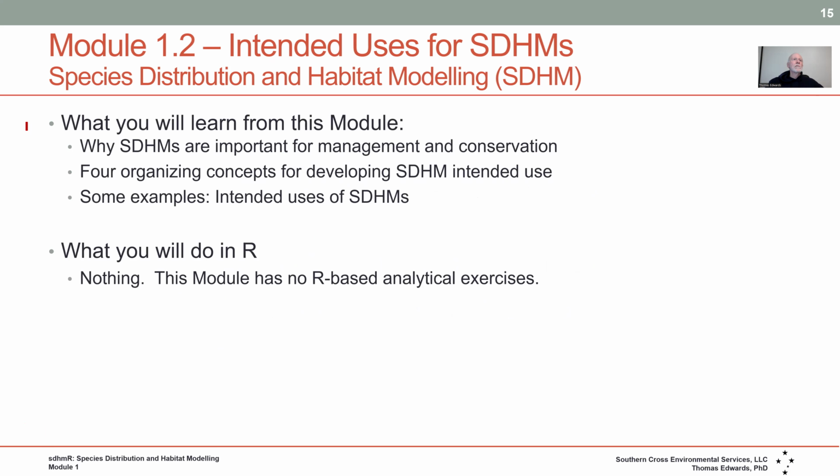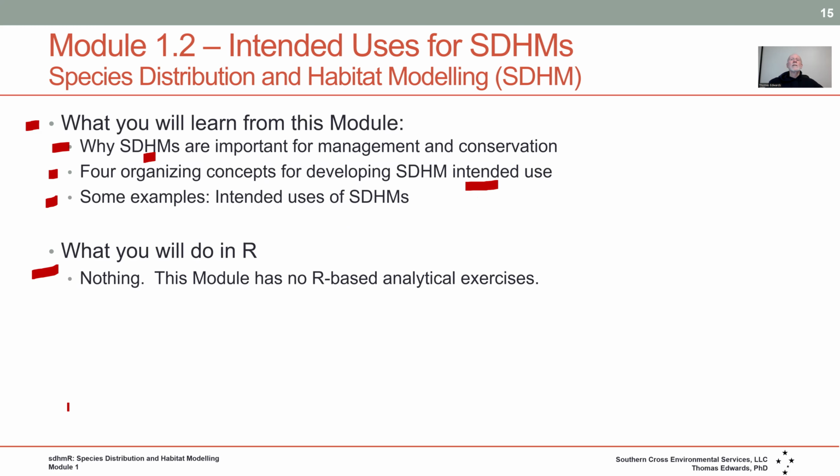What you're going to learn here is why distribution and habitat models are important for conservation and for organizing concepts that can help you develop an intended use. And I'll motivate that by providing some examples of how this can occur.